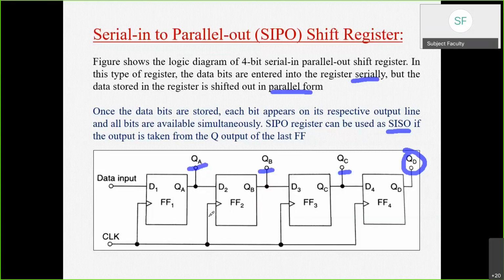Okay, is it fine? If you have any query, then you can write in the chat box or you can ask me. I hope you have understood the working of SISO and SIPO. So just let me know whether you have understood it or not. We'll wait for a couple of minutes here. Meanwhile, you can give your feedback in the chat box.